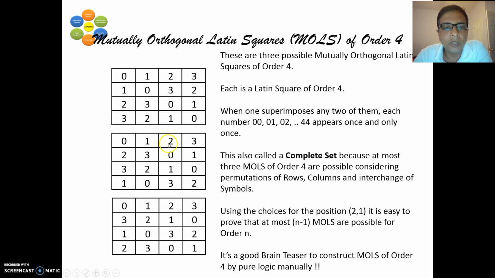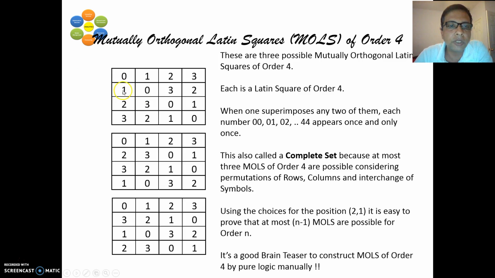If you take the superimposition, you will get all the 16 pairs. More than that, this is called a complete set, because you cannot add any other Latin square of order 4 so that it is orthogonal to all of them. 3 is the maximum. There is a short proof of that.